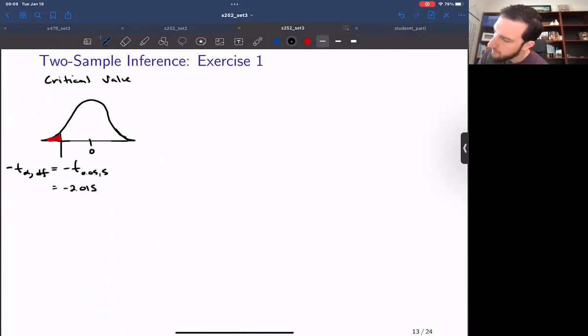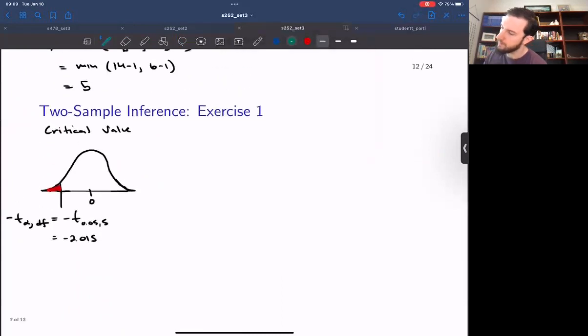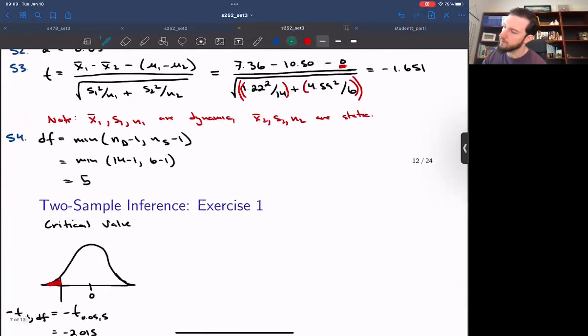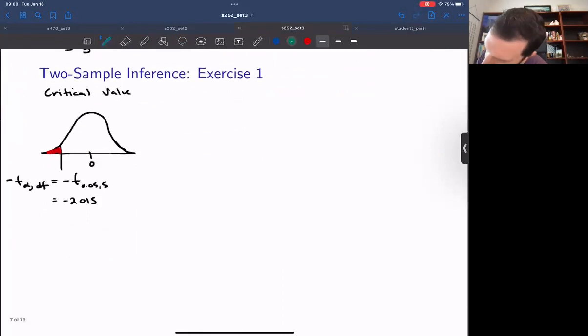All right. And then our test statistic on step 3 was negative 1.651. So that's going to be about here. So you can see that our test statistic is not in the rejection region. So based off the critical value, we will not reject.